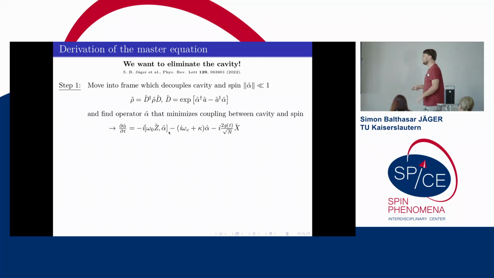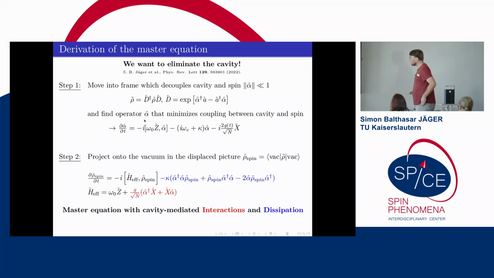In addition, what is really crucial for us is this last commutator over there. That last commutator, which describes the field with respect to the atom, is a retardation effect that tells you that when this operator alpha converges to a steady state, it has some memory of the atomic evolution. And this atomic evolution is here just described by the bare precession, so just omega naught times z. Okay, and once you have done this, you can solve this typically in steady state. You can integrate this to infinity, apply this transformation and simply project onto the vacuum state.